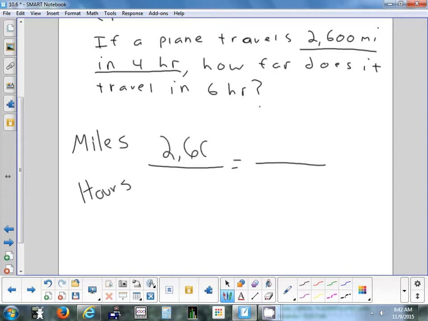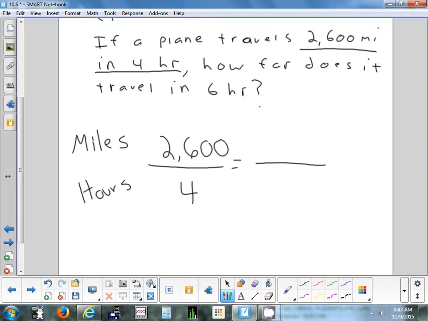That's miles. It's the first thing that's mentioned, so I'm going to put it there. I got hours on the bottom. Davin, what number is going to go here? 4. Miles over hours. I'm going to do the same thing over here, miles over hours again.